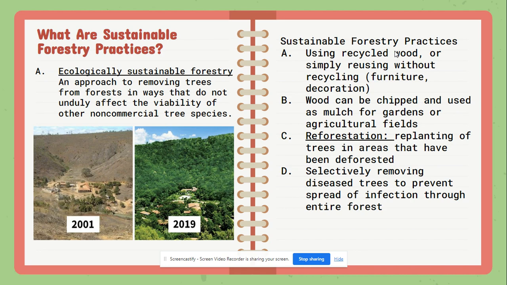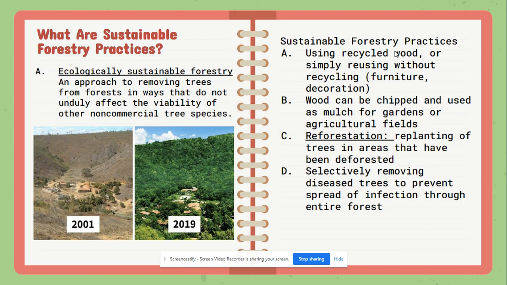Ecologically sustainable forestry is an approach to removing trees from forests in a way that does not affect the viability of any other non-commercial tree species. Oftentimes you might see tree plantations that only host maybe one or two species of trees at a time, and they tend to completely wipe out those areas.